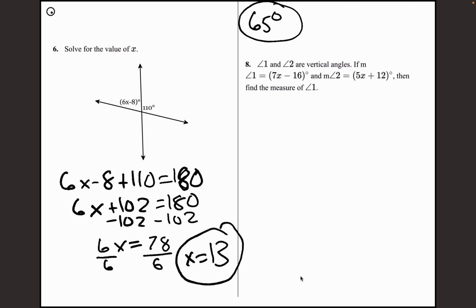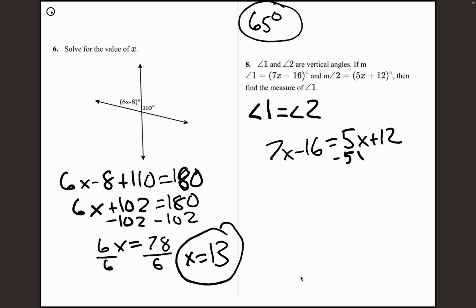So if they're the same, you just set them equal to each other. Because we are saying angle 1 is going to be equal to angle 2. Because they're going to be the same value. So all we have to do is just 7x minus 16 equals 5x plus 12. And that's how we solve.